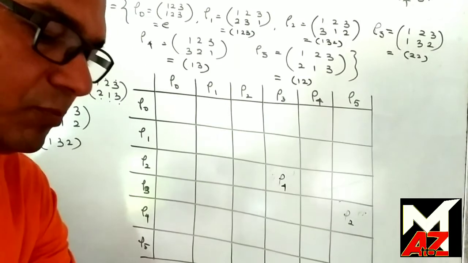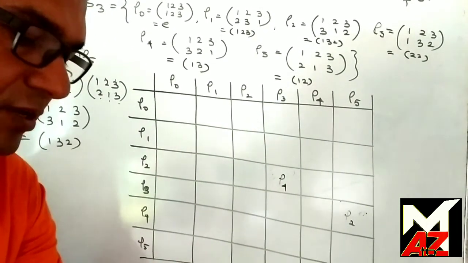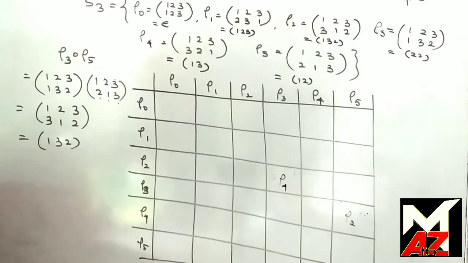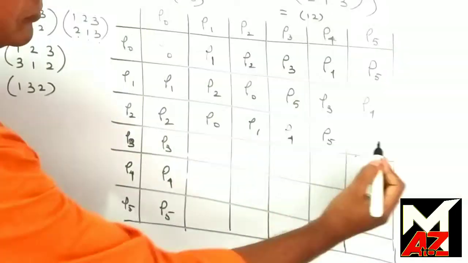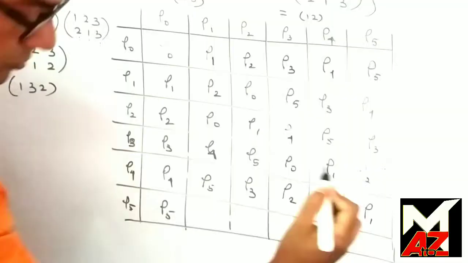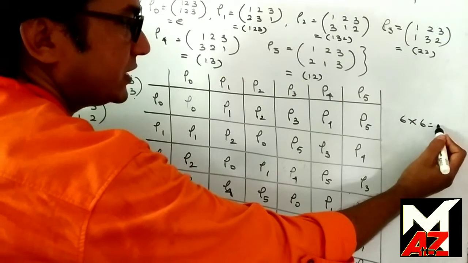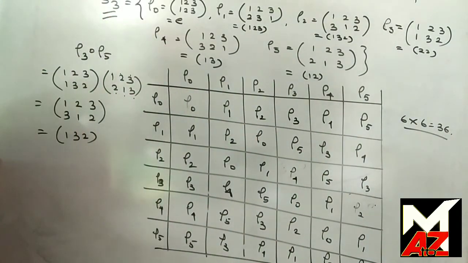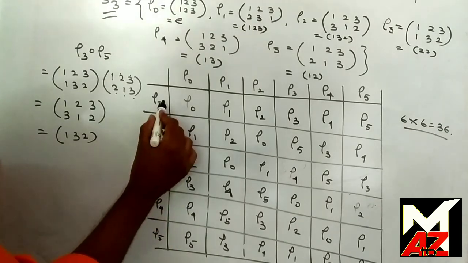Similarly, if we calculate all the elements in this manner and fill the composition table, the 6 by 6, that is 36 elements, all belong to this S3. So the composition property holds, and associativity also holds.